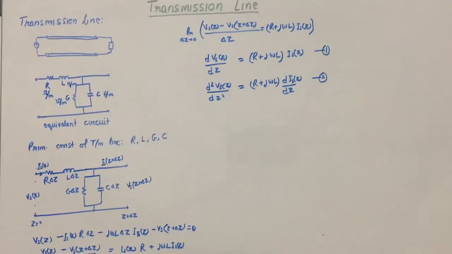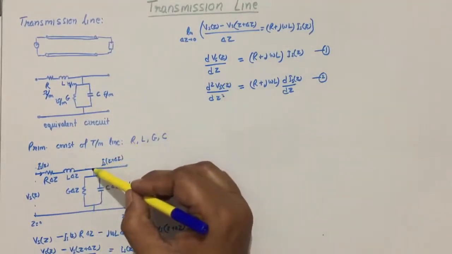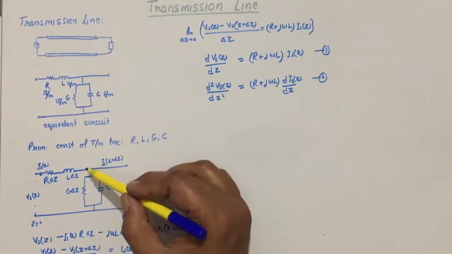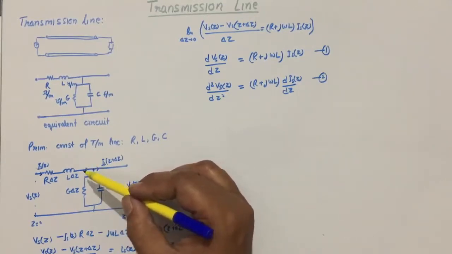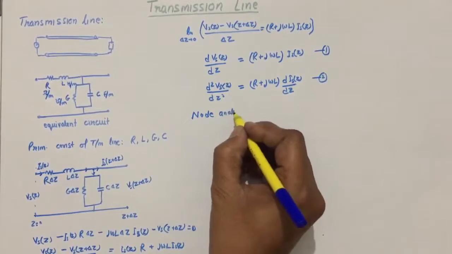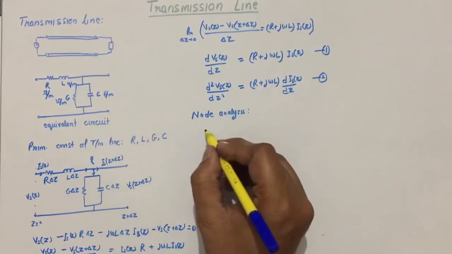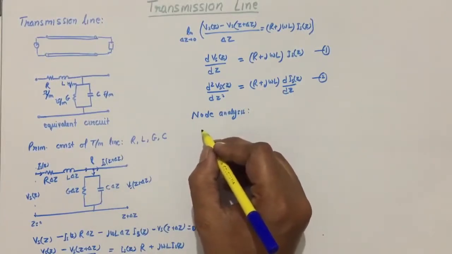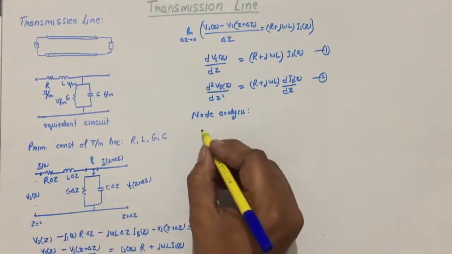Similarly, apply the same rule to find the current waves. For that purpose, we can do node analysis at this point. The sum of the currents at this node will be equal to 0. So we can write the node analysis at point P. We can consider, as an assumption, that the incoming current is negative and the leaving current is positive.